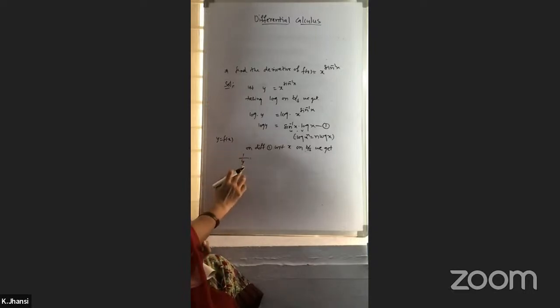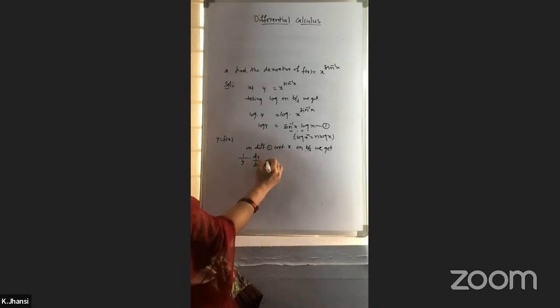But we are doing with respect to the variable y. Whenever other than x you have any variable, then we have to do the differentiation of that variable. So again you have to write dy by dx. That is, 1 by y into dy by dx is the differentiation of log y.